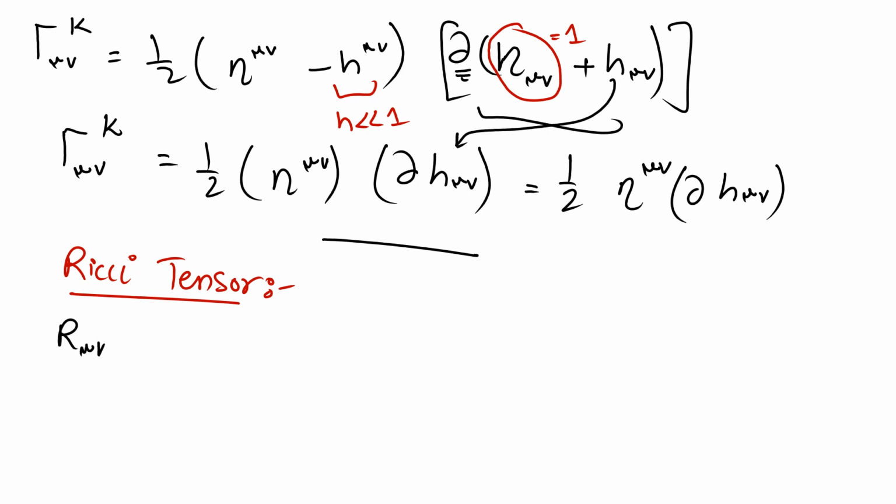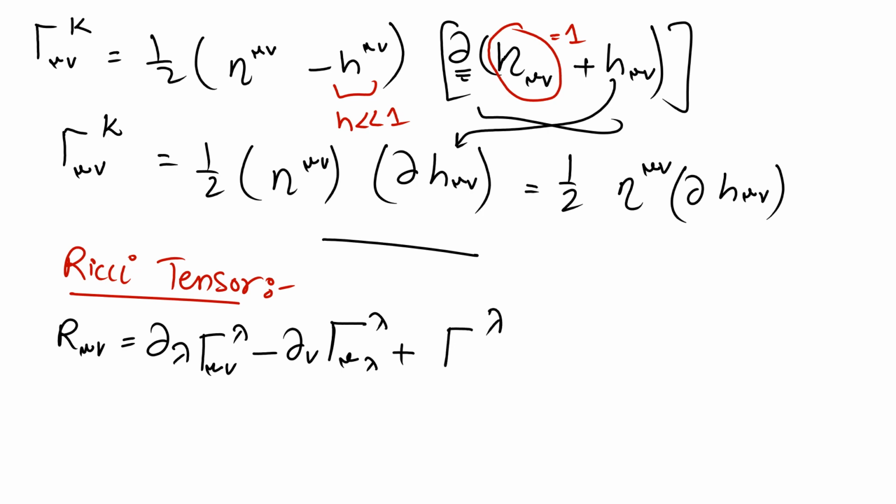R mu nu is equal to partial lambda gamma lambda mu nu minus partial nu gamma lambda mu lambda plus gamma gamma terms. Let me write this value and then I will explain it.